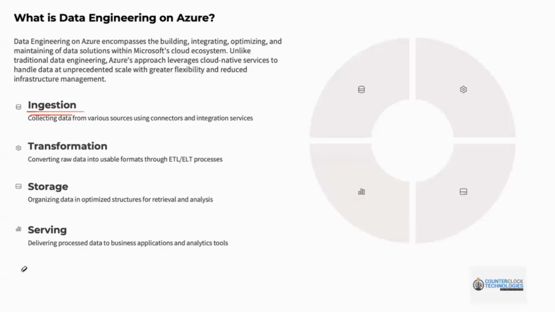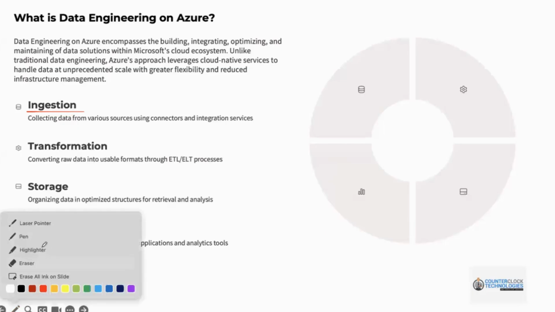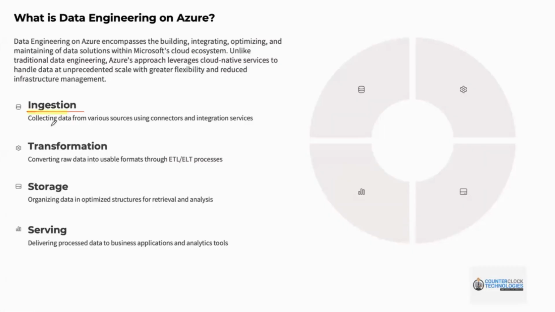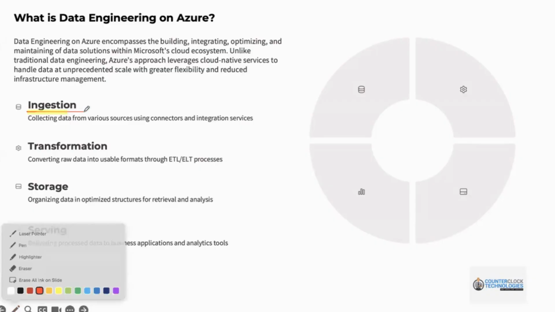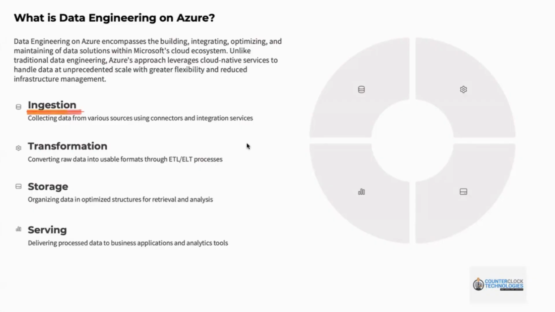as the name suggests, we try to collect data from multiple sources the way we want. When we say multiple sources, we're talking about data in its complete raw format. So let's say here data can be from an on-premise SQL Server, which can use Data Factory or Synapse.